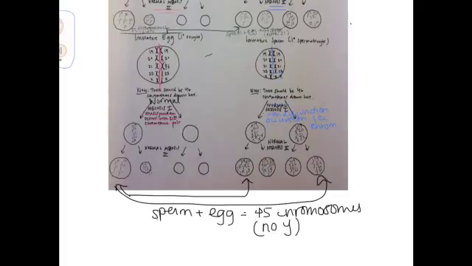So if this egg here pairs with a sperm cell that doesn't have any chromosomes, then that resulting baby will have Turner's syndrome. They'll have 45 chromosomes because they will have no Y. So this person will be female, and there are some certain traits associated with Turner syndrome that we can talk about a little bit later.